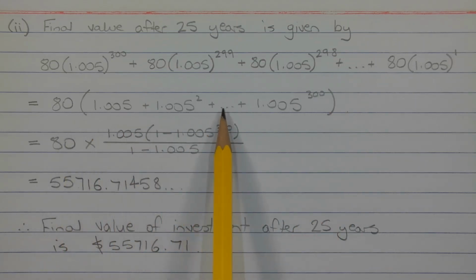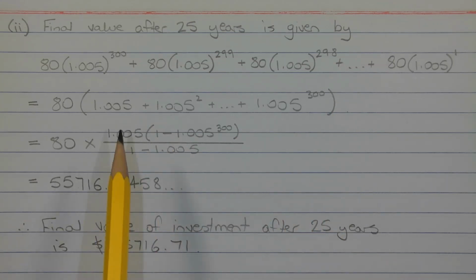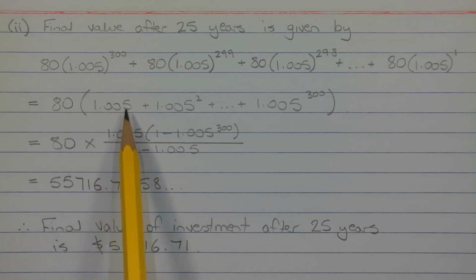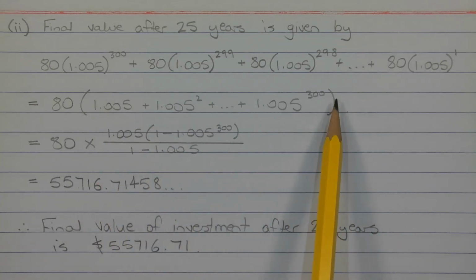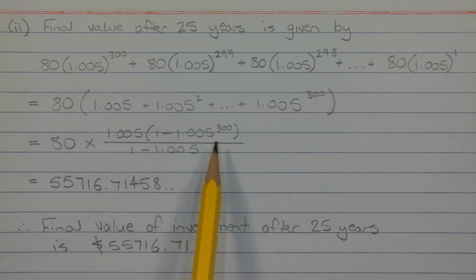Now inside the brackets here, we have a geometric progression or a geometric series with 300 terms. First term 1.005 and a common ratio of 1.005. So using the sum of a geometric progression formula, we can represent this series here using that sum formula.